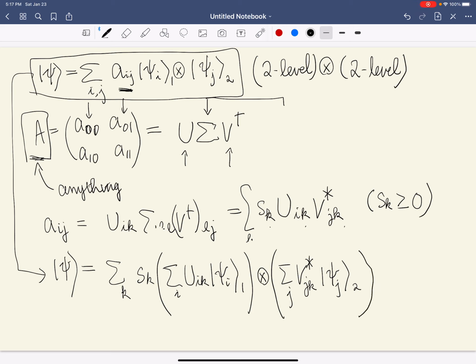Okay. All right. So this whole thing represents the quantum state of particle 1. And this whole thing represents the quantum state of particle 2.